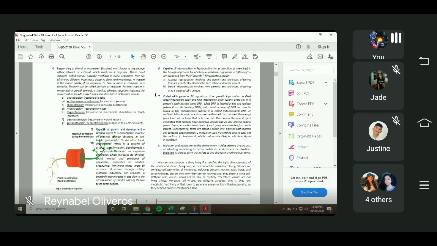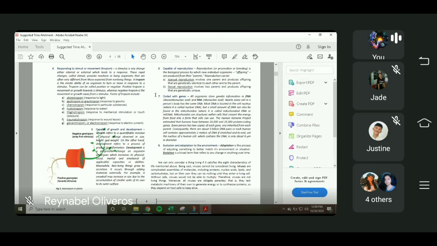Guys, another one is the geotropism or gravitropism. Gravitropism, it is the ability of an organism to respond to gravity. 'Di ba? Yung mga nahuhulog na bagay. Yan. Syempre, nagre-response ka dyan. 'Di ba? Yung halimbawa, nalaglag yung cellphone mo, ay, naku, nahulog yung cellphone ko. 'Di ba?